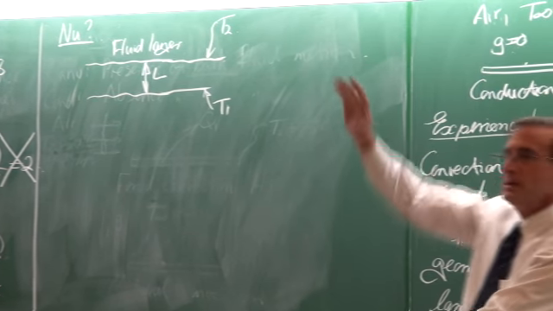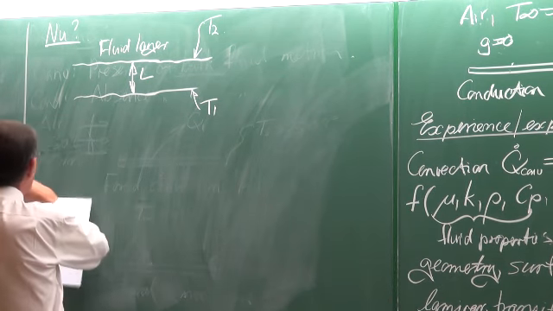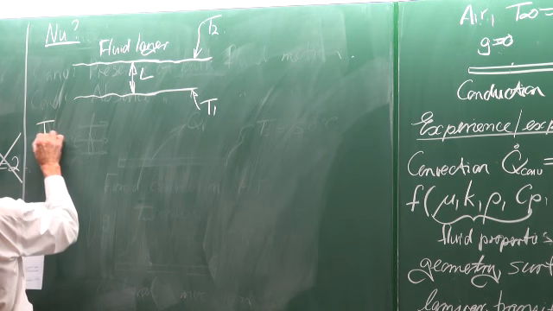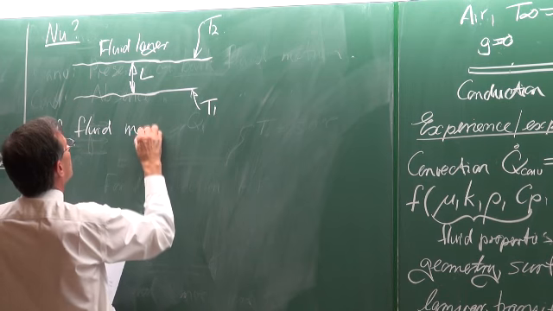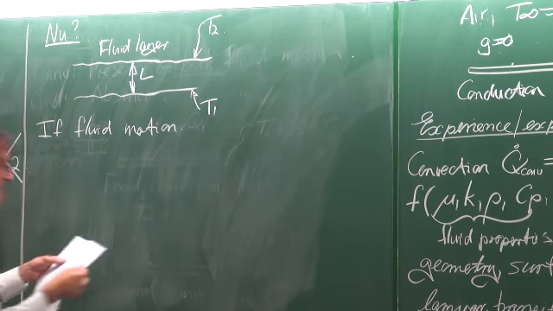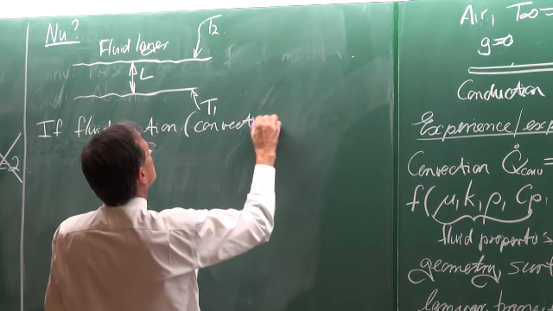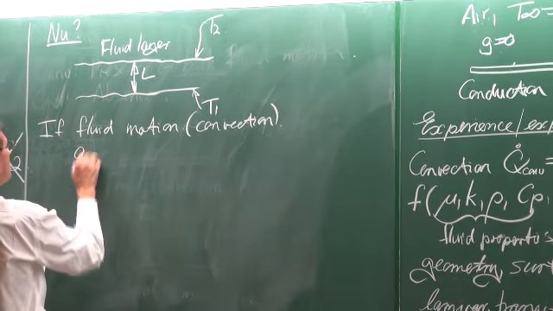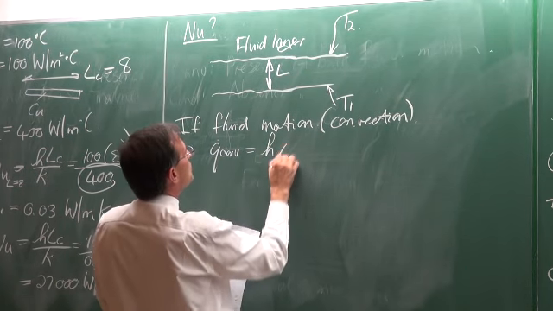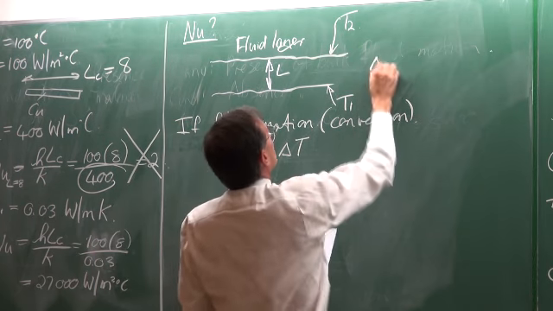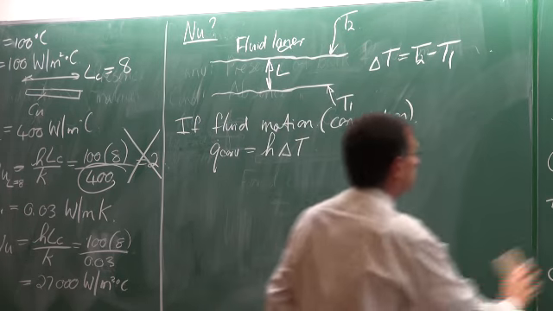It's not that we're talking of meters now. So what we can say is if the fluid is in motion, therefore it is convection, then the convection heat transfer would be equal to the heat transfer coefficient multiplied by delta T, and delta T would be equal to T2 minus T1.